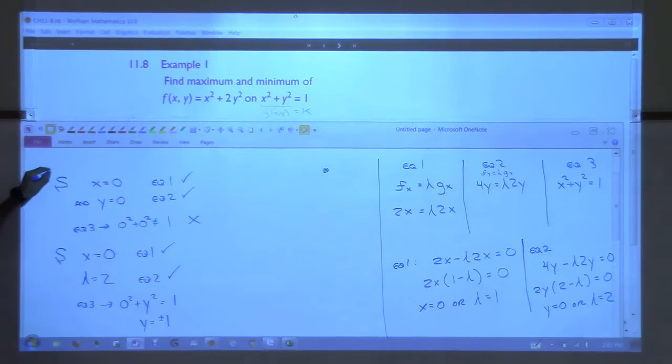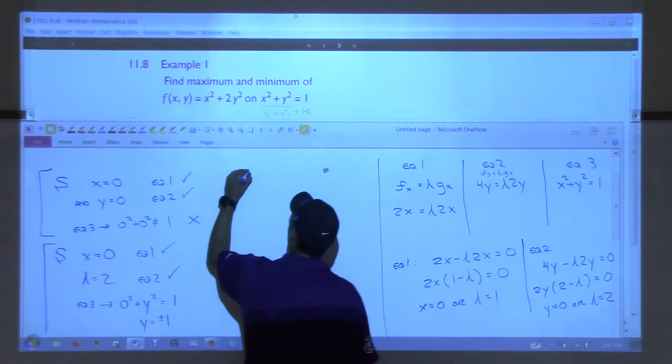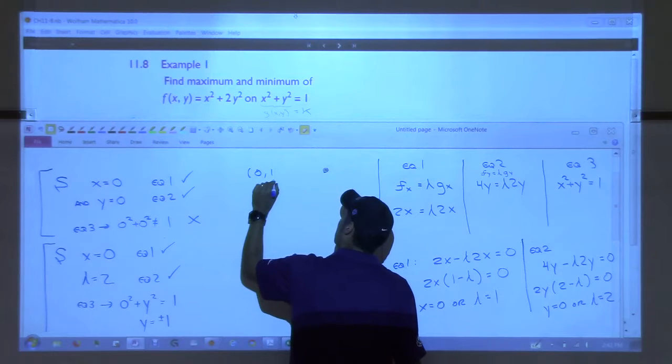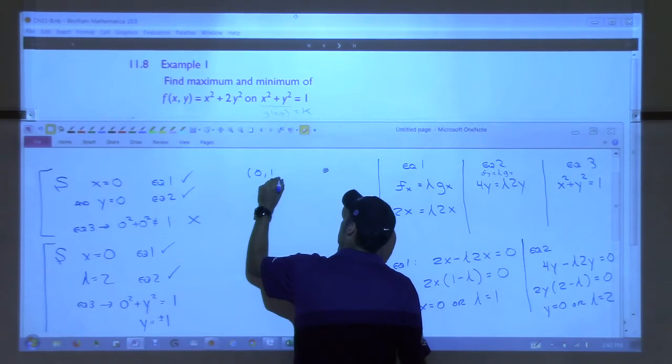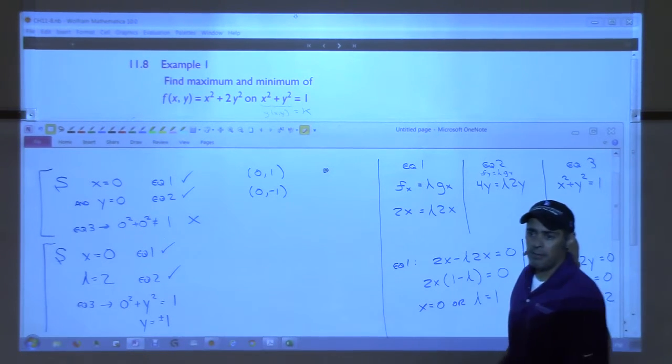So from this thought, we ran into a dead end. Our conclusion is that we could have 0, 1, and we could have 0, negative 1, for x and y.